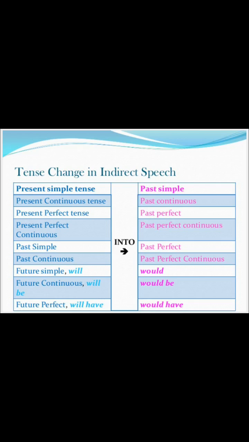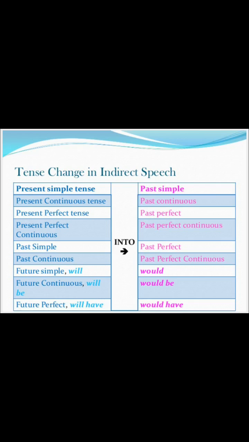If there is present continuous tense in the direct speech, then it is to be converted into past continuous tense. If there is present perfect tense, then while converting into indirect speech, the tense should be past perfect. If there is present perfect continuous in direct speech, then past perfect continuous is to be used in indirect speech.